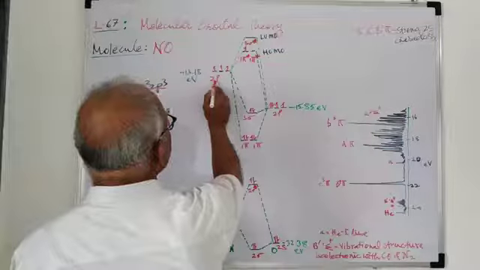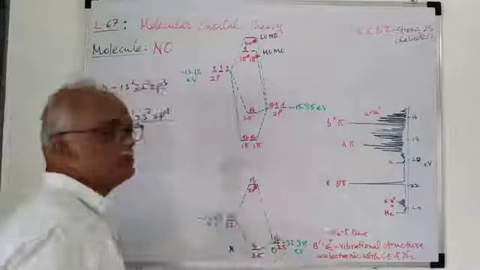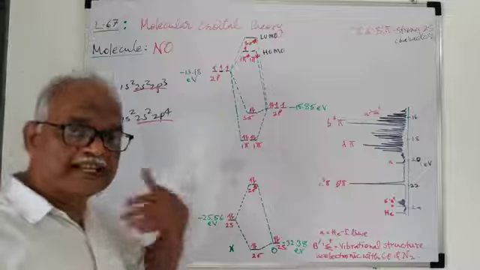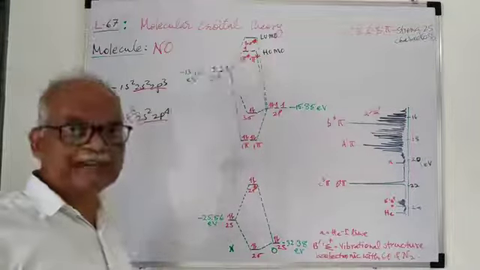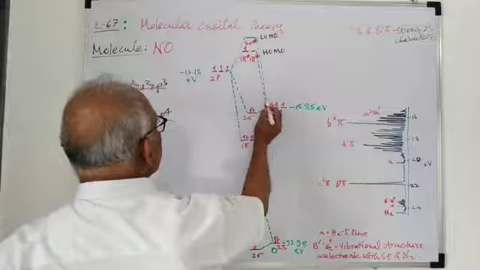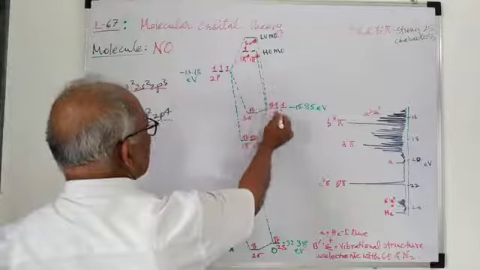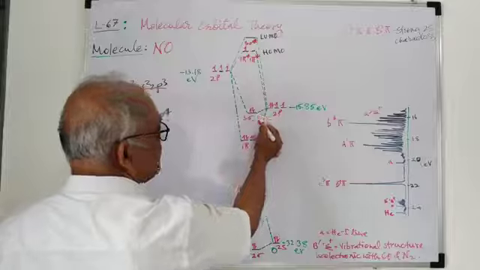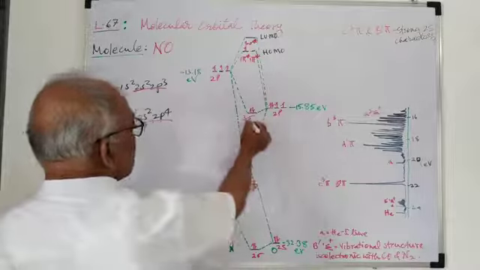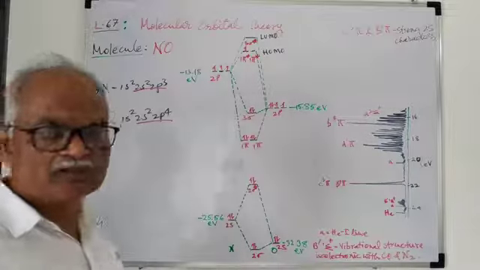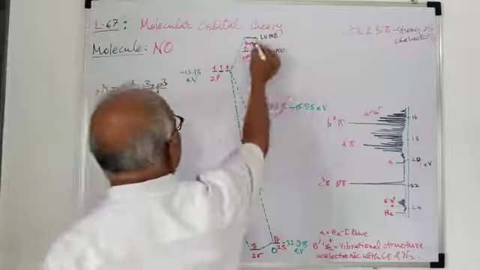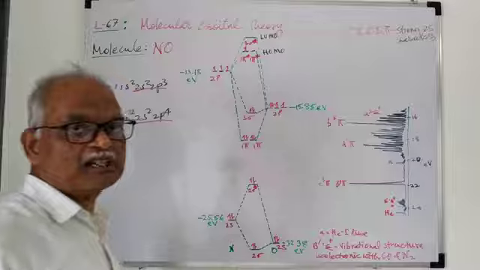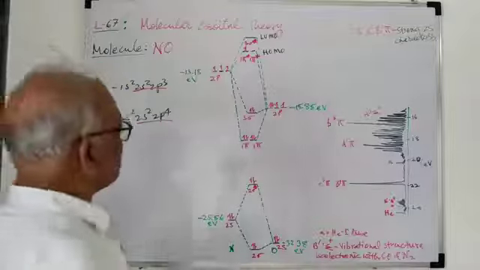Similarly, the 2p of nitrogen and the 2p of oxygen undergo linear combination. The pz overlap produces the 3 sigma g bonding molecular orbital, and the 3 sigma u star antibonding molecular orbital.